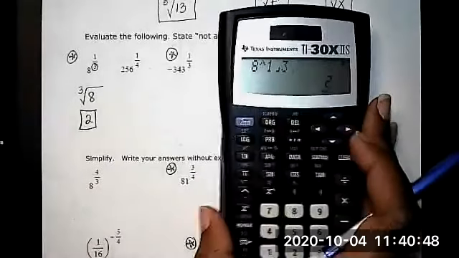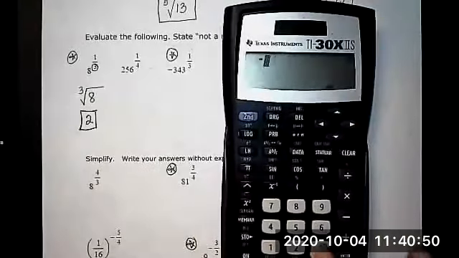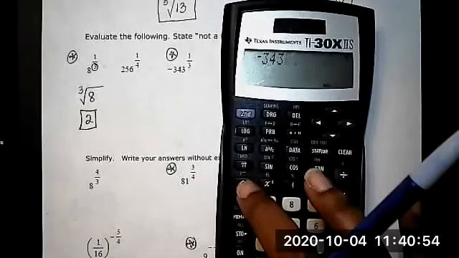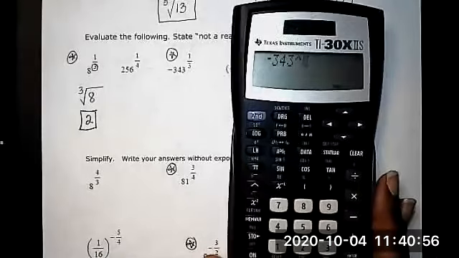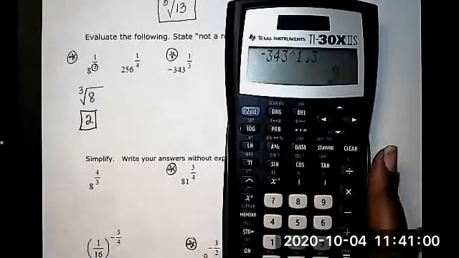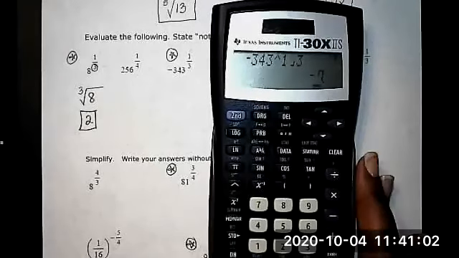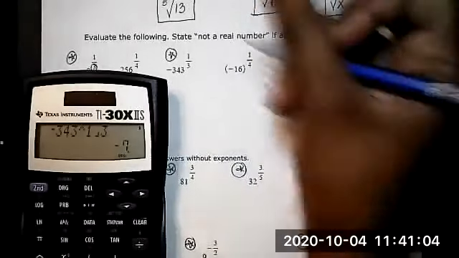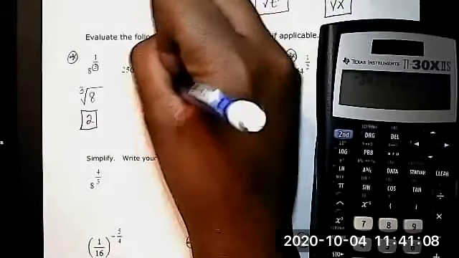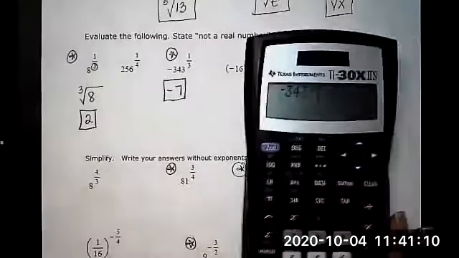Let me try this one. Let's try this one. -343 raised to, remember that caret is the raised to, the 1/3 power. Enter. Look, my answer is -7. So if you have the calculator, you can put that in and get your answer there, okay?